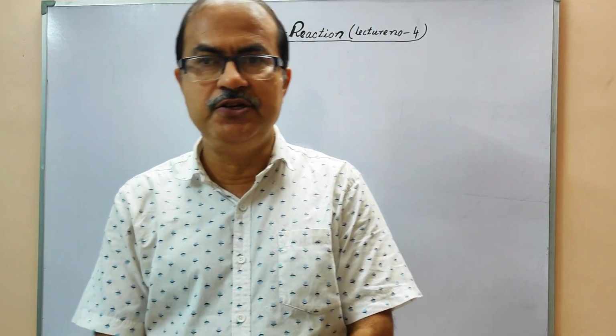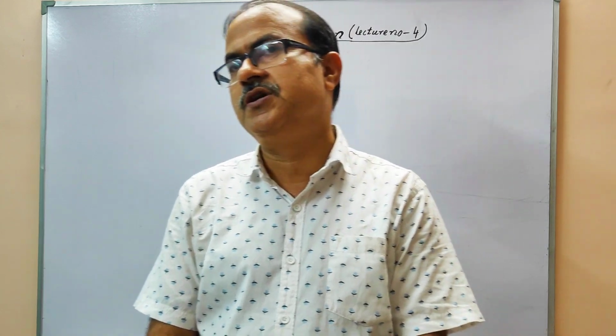that we have discussed in lecture number 3. In lecture number 4 we have discussed some very important questions that will give you clarity about the concept of oxidation and reduction.